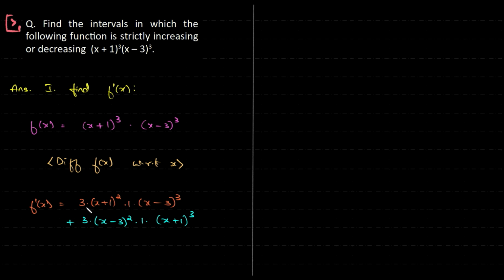So we have 3 common, (x plus 1) square is common, (x minus 3) square is common, right? So the next step is to factorize f prime of x. So f prime of x is equal to 3 times (x plus 1) the whole square, very important, (x minus 3) the whole square.